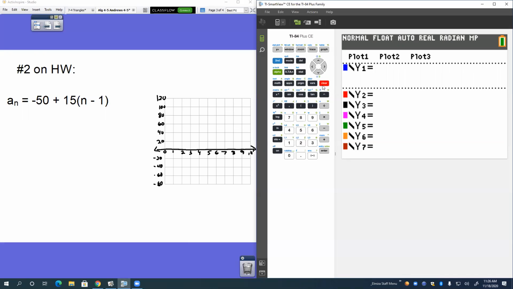I'll give you about 30 more seconds or so. Most important thing, I think you know how to do the graphing. The most important thing is the beginning part, making it into that slope y-intercept form.